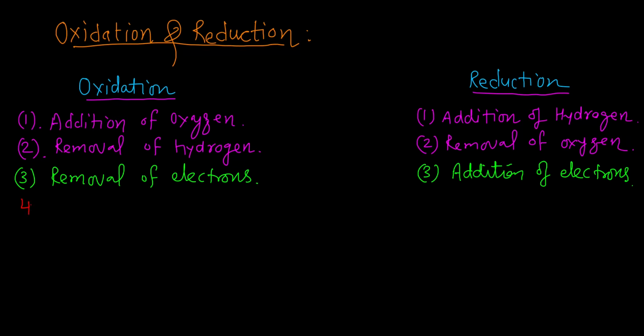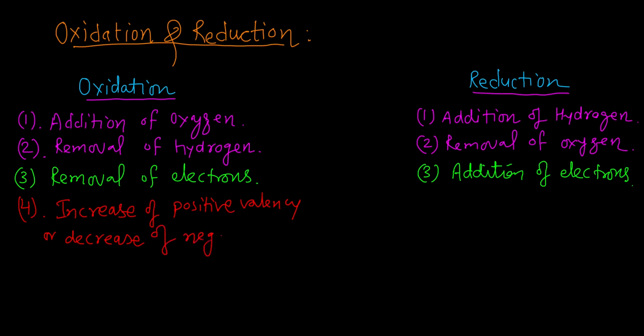Next, oxidation is the process of increase of positive valency or decrease of negative valency. Decrease of negative valency means negative valency will shift towards zero, so it will become smaller in magnitude.